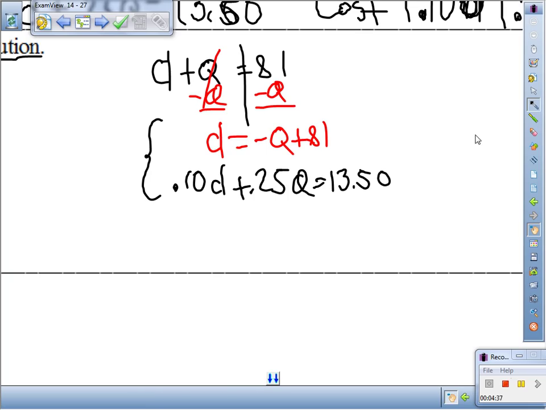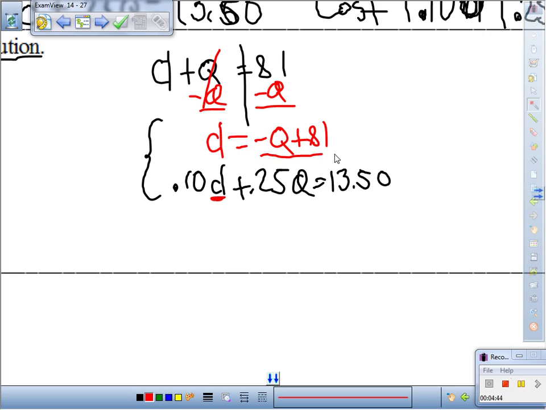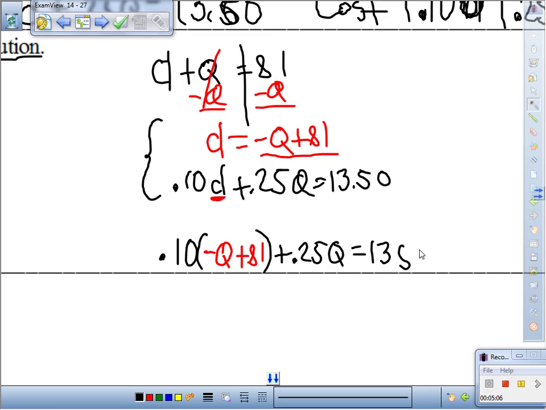So on the second equation, instead of writing D right here, what am I going to write? Negative Q plus 81. So I'm going to rewrite this equation, 0.10, and in parentheses I'm going to write negative Q plus 81. I'm going to bring down the plus sign, the 0.25Q equals 13.50.